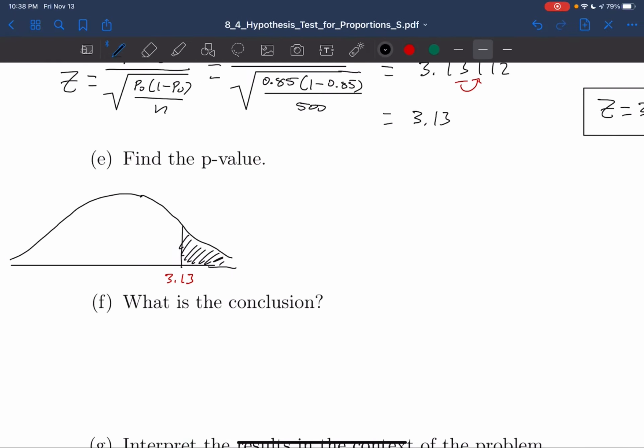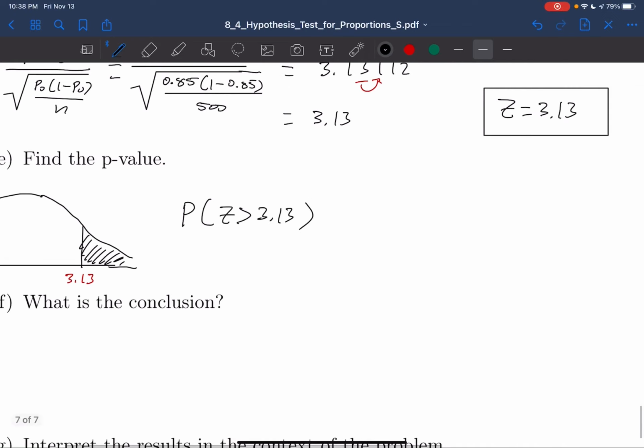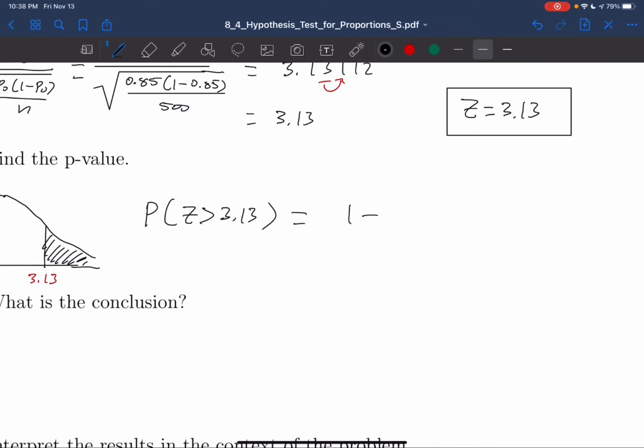So in other words, we want to find P of Z greater than 3.13, but this is the same as saying 1 minus the probability of Z less than 3.13.